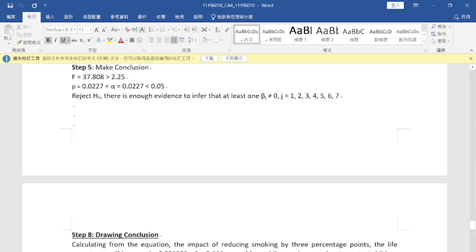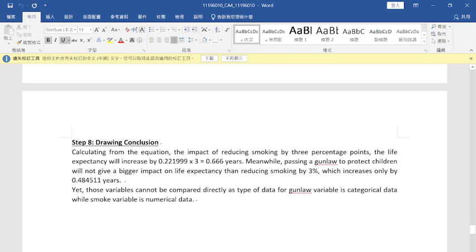For step 8, our conclusion, calculating from the equation, is that for the impact of reducing smoking by 3 percentage points, the life expectancy will increase by 0.22199 multiplied by 3, equal to 0.66 years.